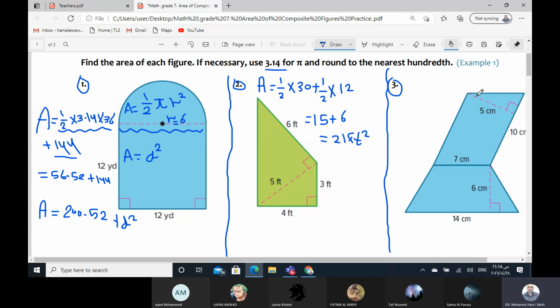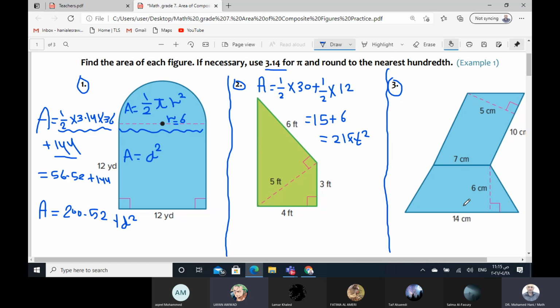Okay. Mister, how to find the area of trapezoid?